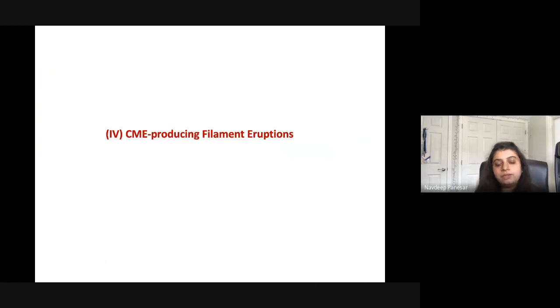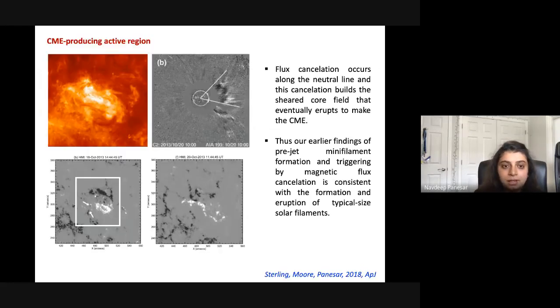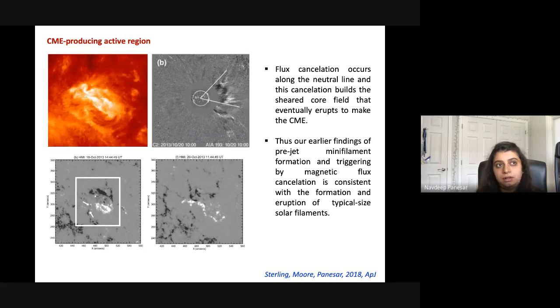Okay, so now I will show you how coronal jets are miniature versions of CME-producing filament eruptions. We study and follow HMI magnetograms for the small active region for about several days, from the time of their emergence till their eruption.